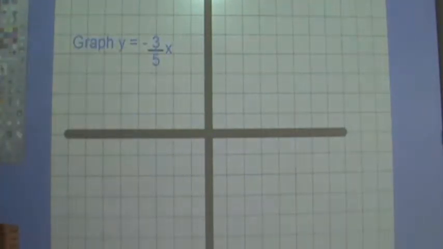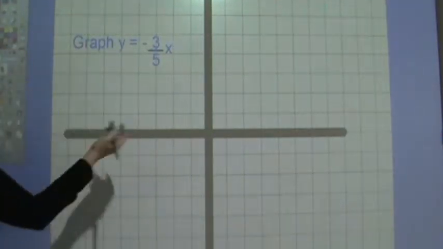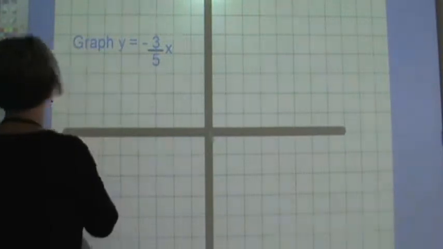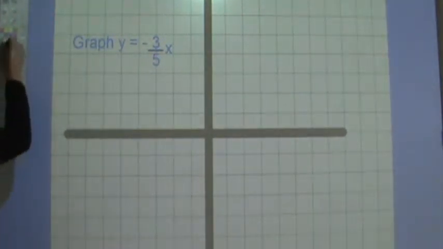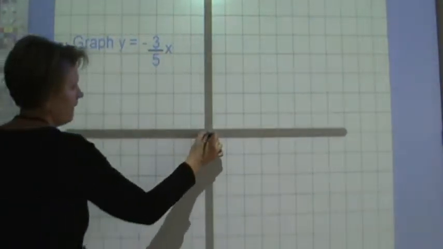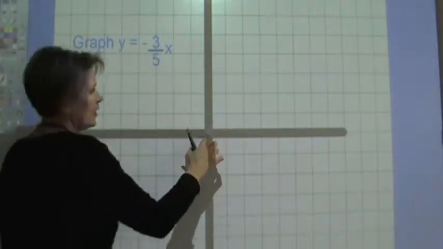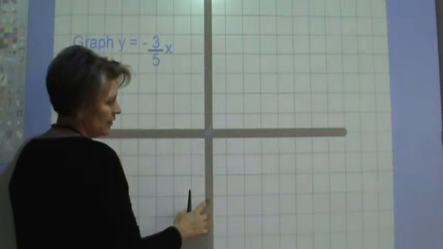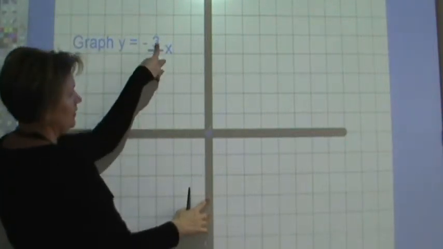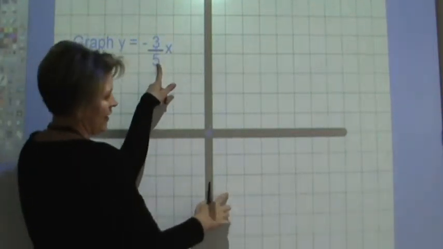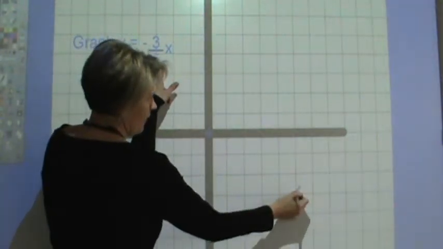Okay, y equals -3/5 x. Again, a straight line through the origin. We're going to start here, and I'm going -3 and 5. If I go down 3, that took care of my negative. So now I'm going to go right 5. 1, 2, 3, 4, 5.